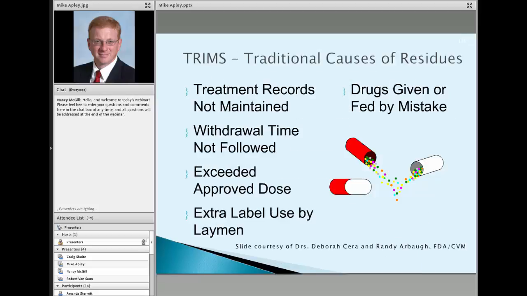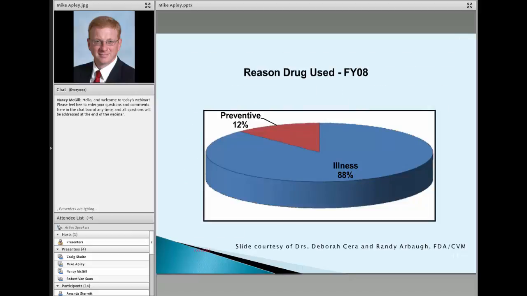So these are the traditional causes of residues, and Dr. Schultz alluded to a few of these in his presentation of what can go wrong: treatment records not maintained, not following withdrawal times, exceeding the approved dose without a veterinarian involved to establish that prolonged withdrawal time, extra label use by lay people outside of that VCPR, which could be related to those top ones causing a problem, and then ones that are fed or given by mistake.